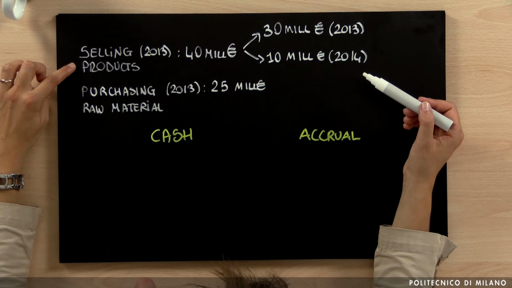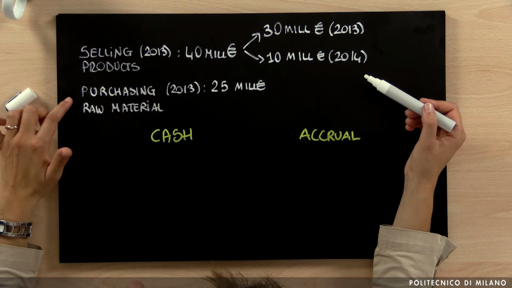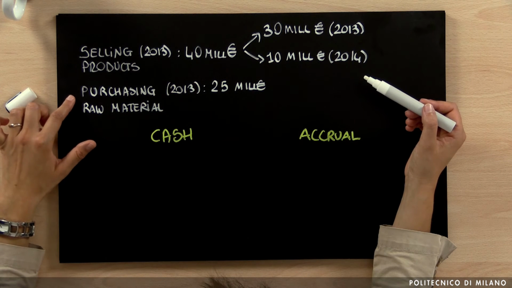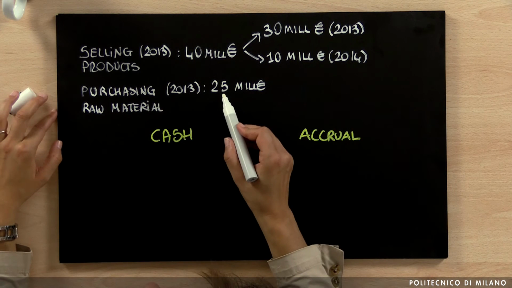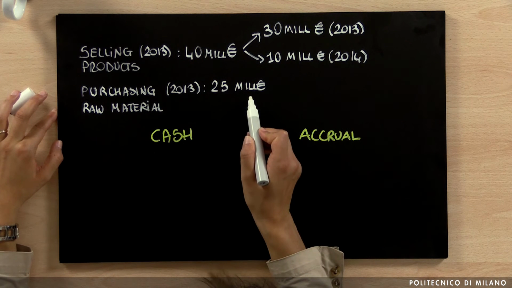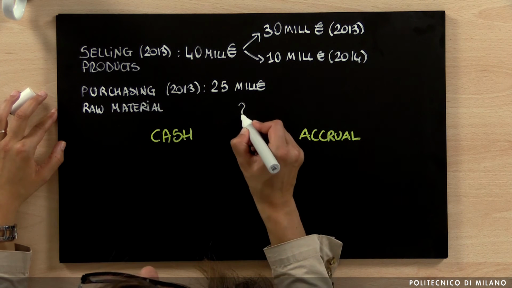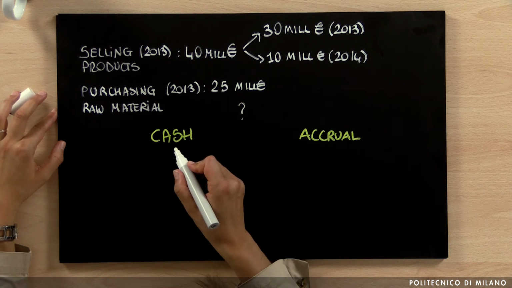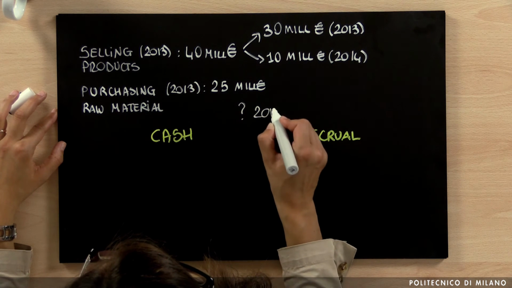In order to realize the products that have been sold this year, the company of course needed to purchase some raw material, and the raw material purchased in 2013 corresponds to 25 million euros that have been paid immediately in cash. Our question is, can we identify the cash and the profit of 2013?